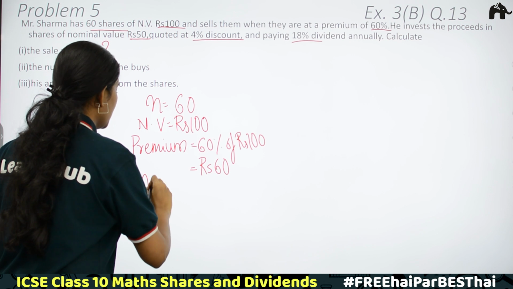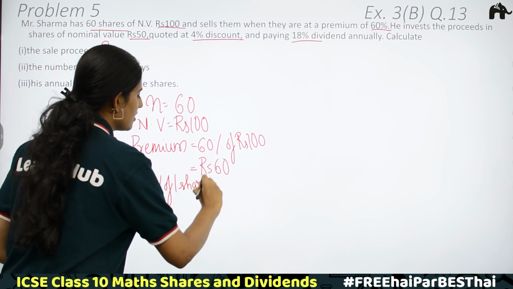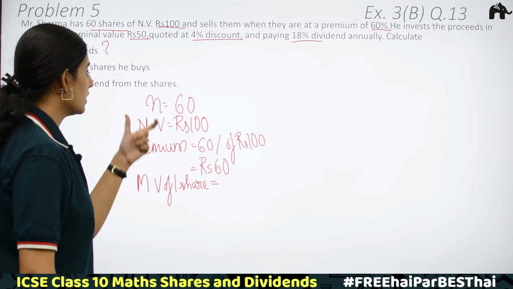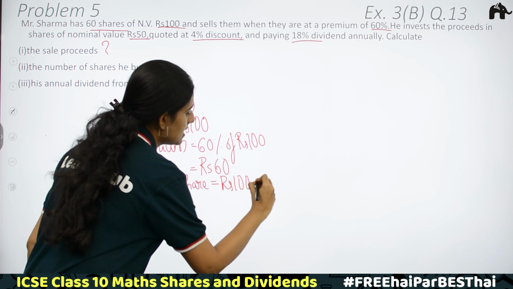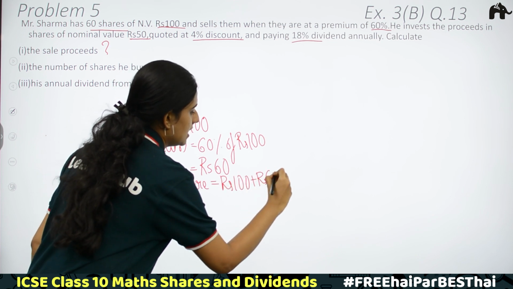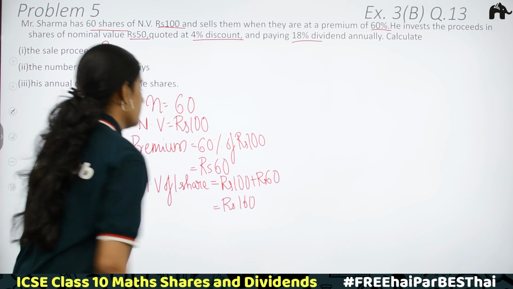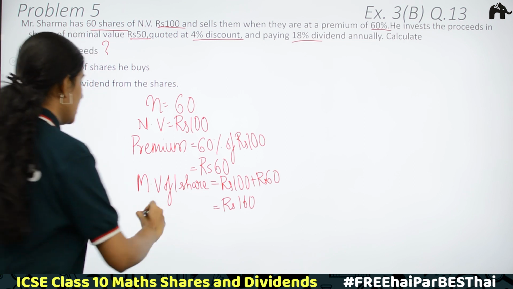Now what is the market value of one share? You will be getting rupees 100 plus rupees 60, that is rupees 160. We have to find market value for 60 shares.